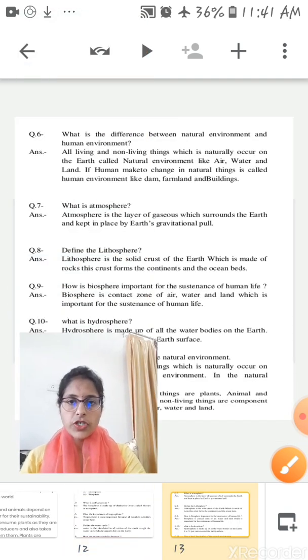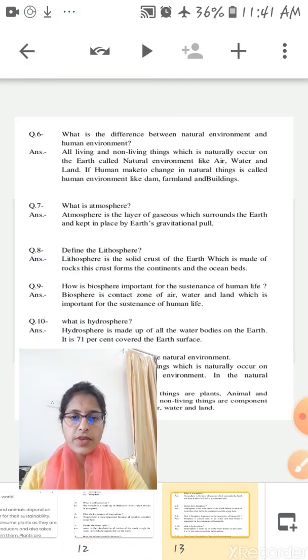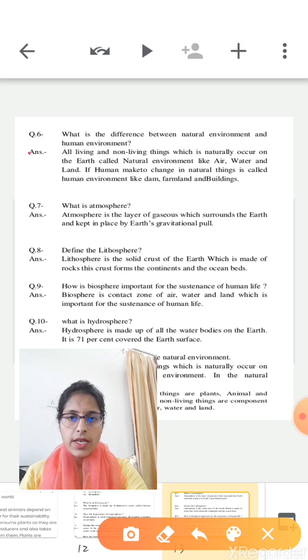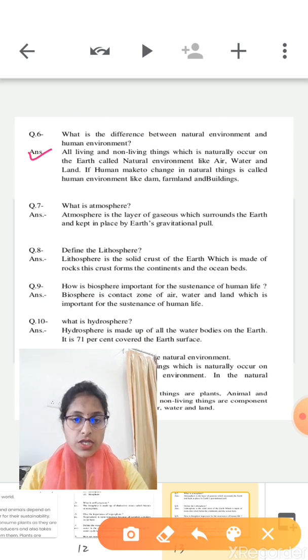Now the next question is, what is the difference between natural environment and human environment? All living and non-living things which occur naturally on the earth are called the natural environment, like air, water and land. If humans make changes to natural things, it is called the human environment, like dams, farmland and buildings.